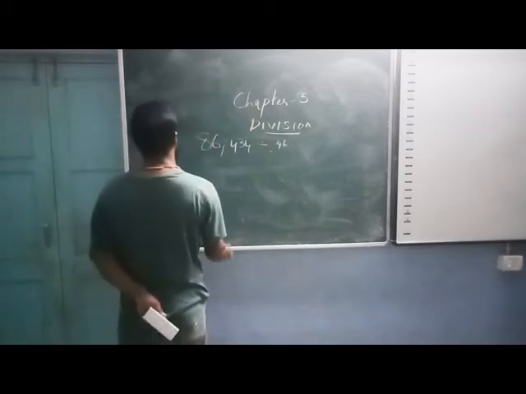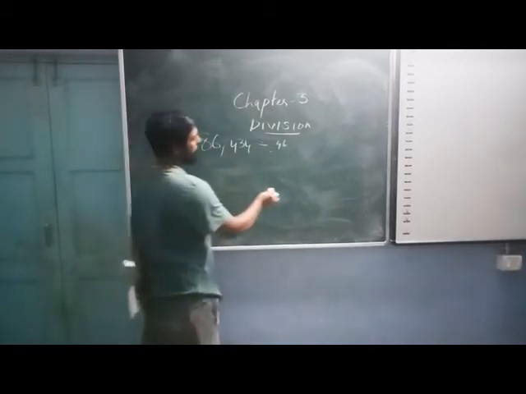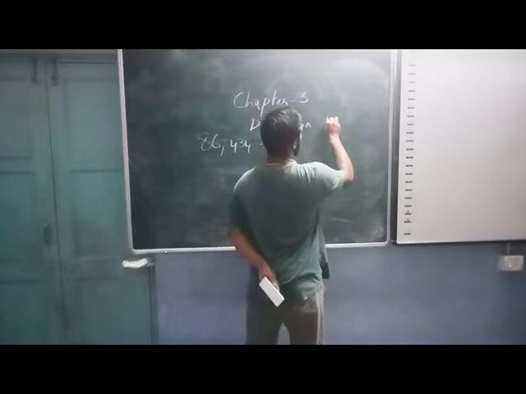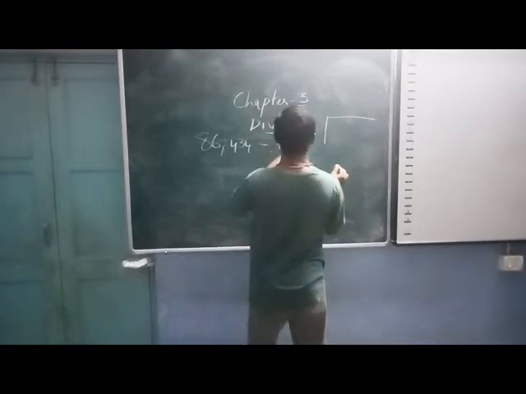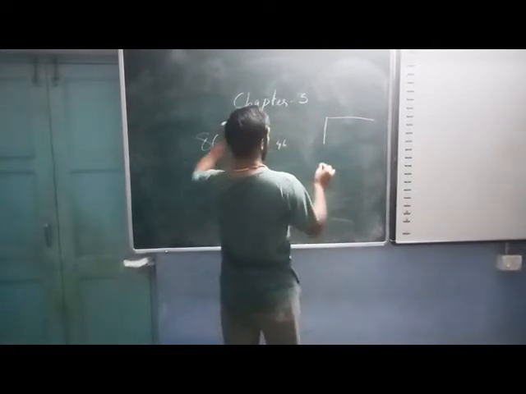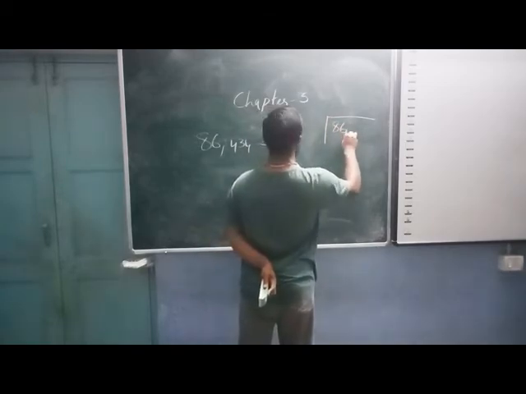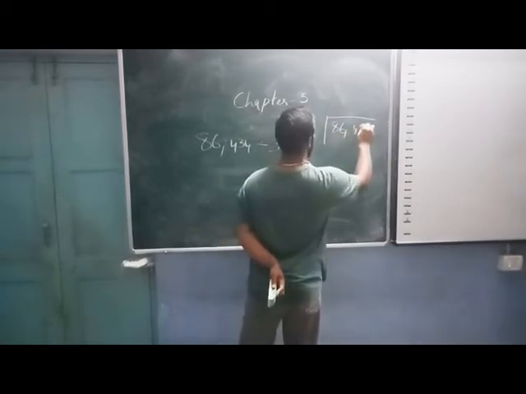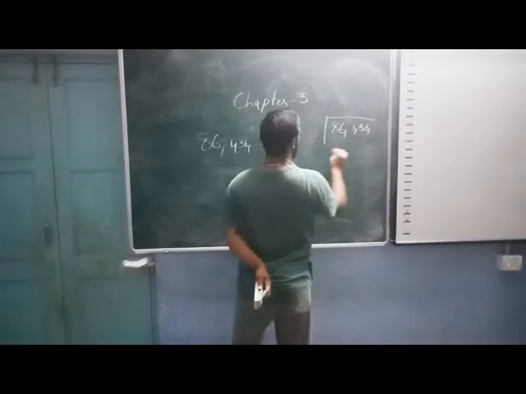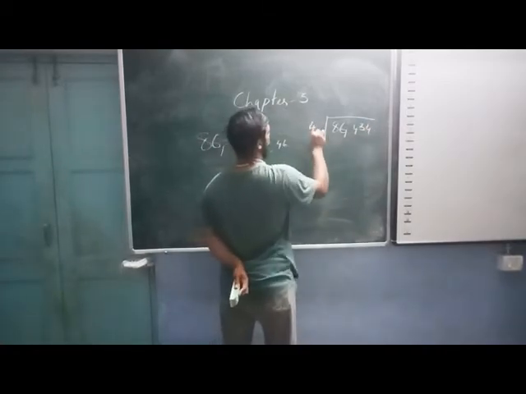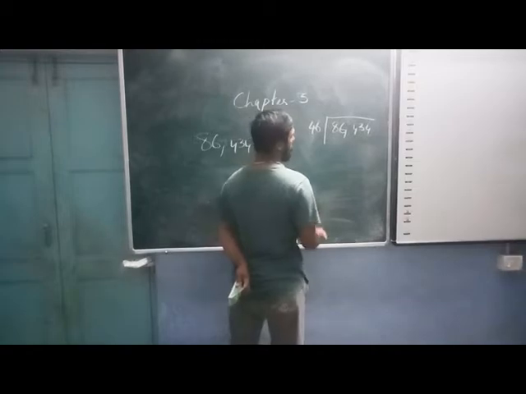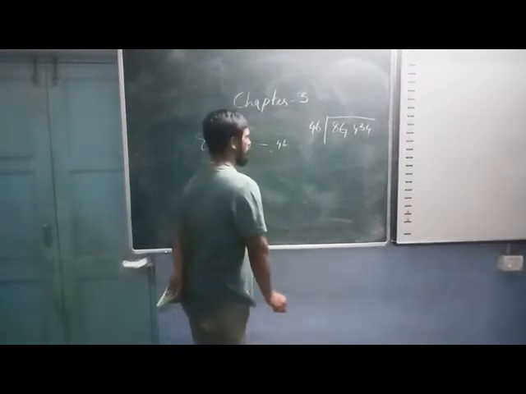So let us do it. First of all, what do we have to do? First of all, we have to draw the division table. So let us write the value 86,434. Now write the value divisor here. Okay. So we are going to divide it.